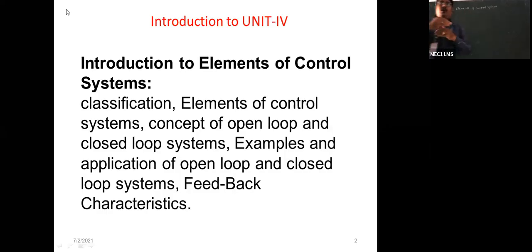Before going to the control system and its elements, we will discuss what is a system, what is a control system, and what is a measurement system. You know very well the difference between a system, a control system, and a measurement system.